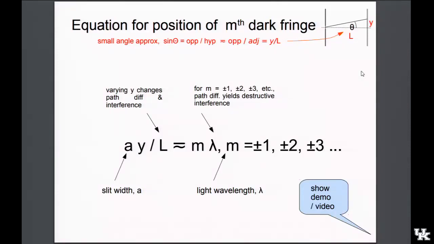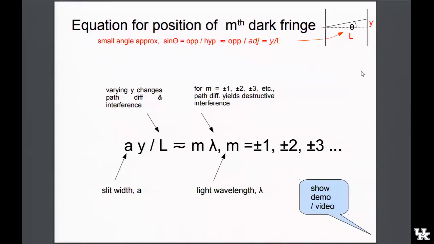So in that video, take a look at this equation here, because I have a feeling I said it wrong in my excitement of making that video. What happens if I make the slit width narrower? So I make A smaller. Then the pattern's going to have to expand, because over here on the right-hand side of the equation, this is just whole numbers of wavelengths.